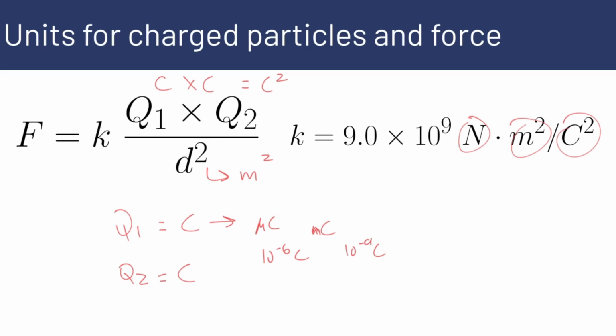So we have C squared over meter squared. If we look at the units for K, we have newtons times meters squared per coulomb squared. So our meters squared divide out and our coulomb squared divide out, and we're left with newtons, which is the unit for force.